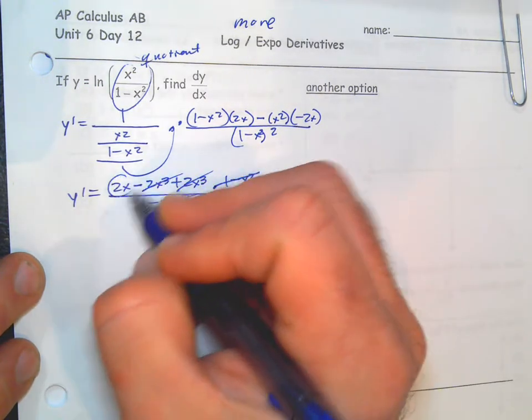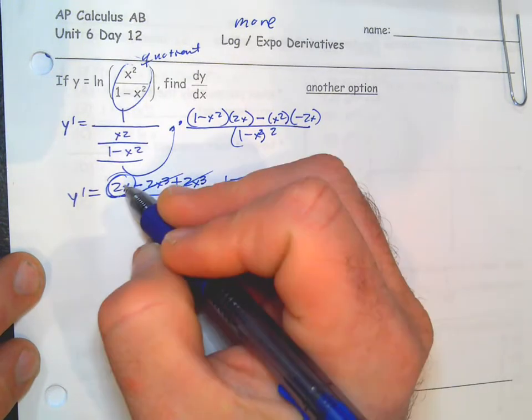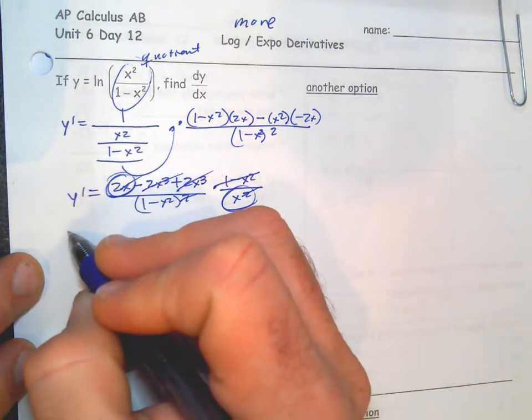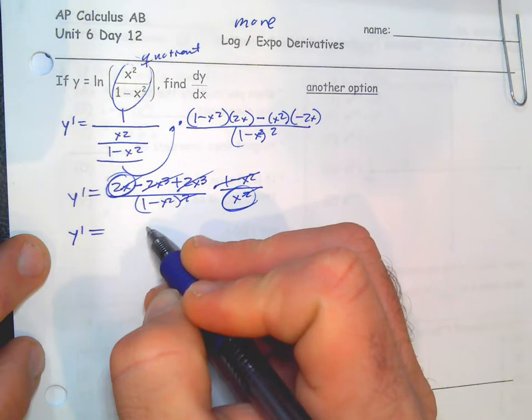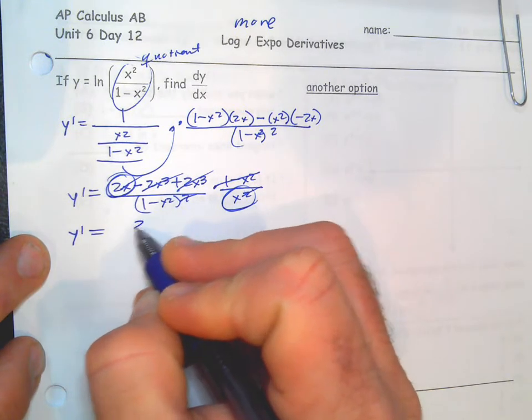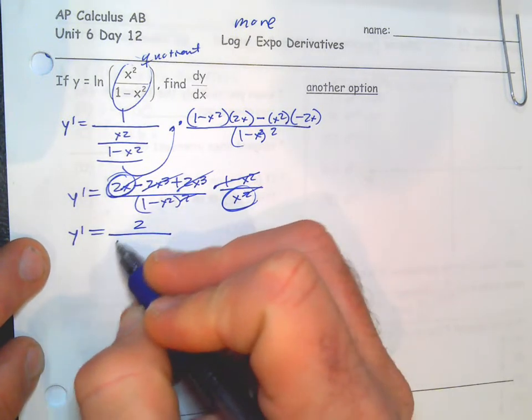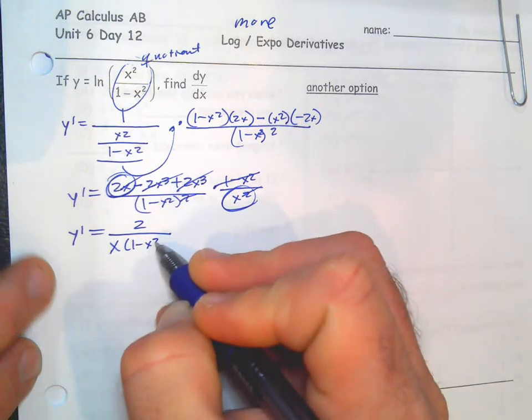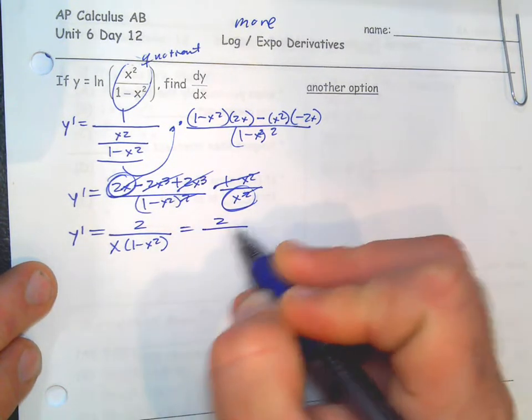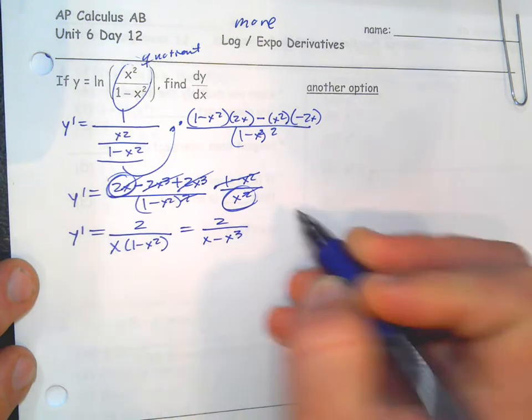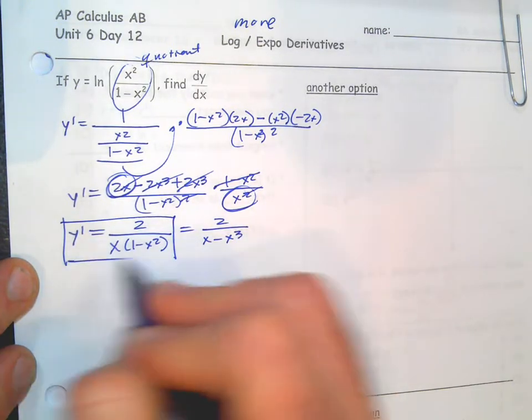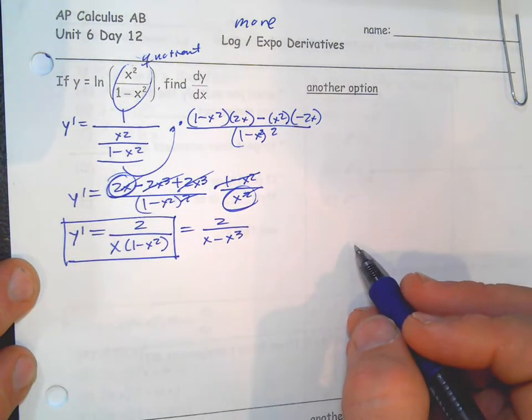And so now you have a 2x and an x squared. We could reduce one of the x's out of that. And the final answer would be 2 over x, parentheses 1 minus x squared, or 2 over x minus x cubed. And it worked out kind of nice, but it was a little crazy.